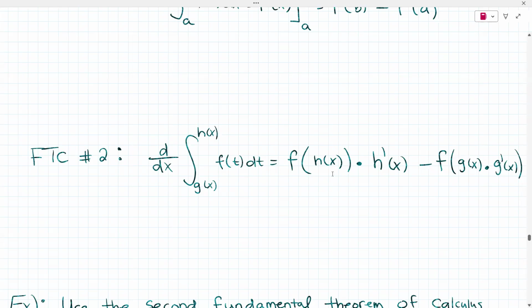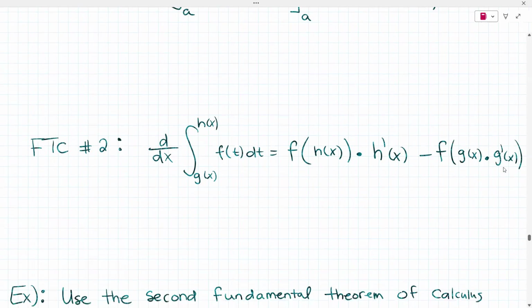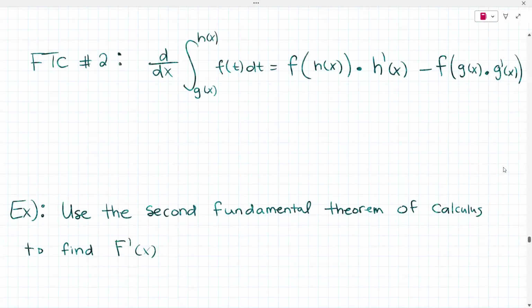If it just seems more confusing, I would just do FTC number 2. It's basically f of h of x times h prime of x, which is the derivative of your upper limit, minus f of g of x times g prime of x, which is the derivative of your lower limit, right? So go ahead and copy that down.